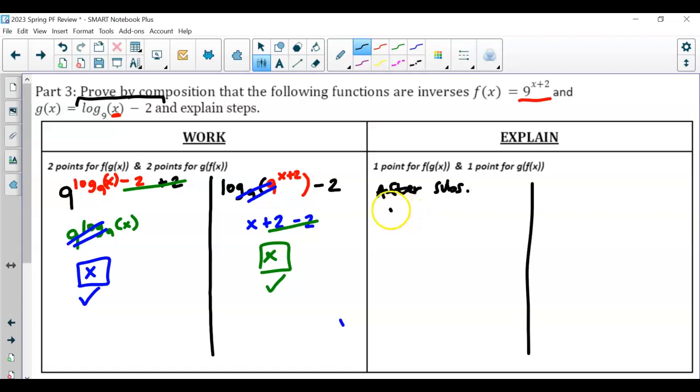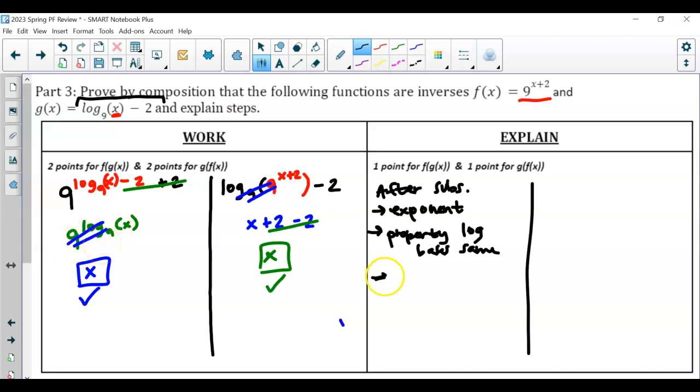You eliminated the exponent, and you also were able to, if you notice, use a property of the log, where bases are the same. So notice how here, by explaining after the substitution of one function into the other, we were able to eliminate here in the exponent and use the property of the log.